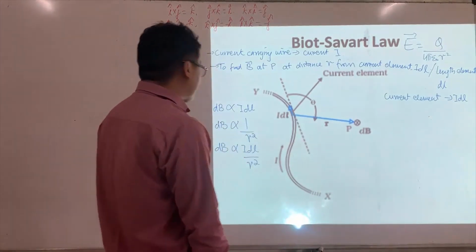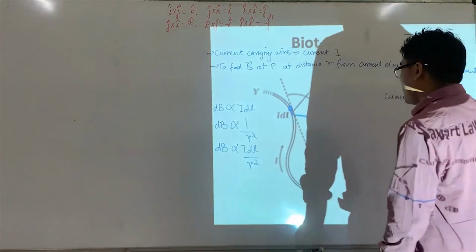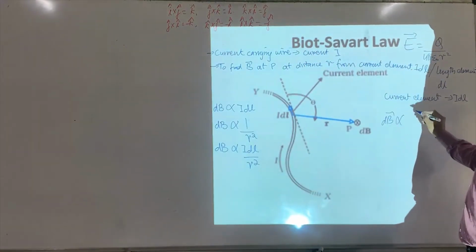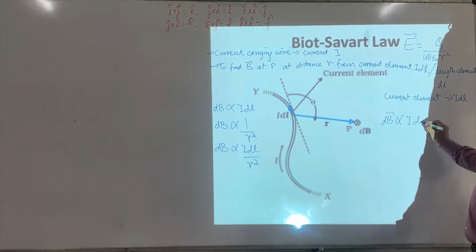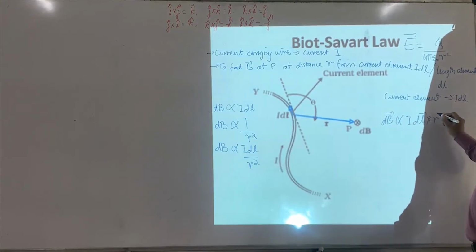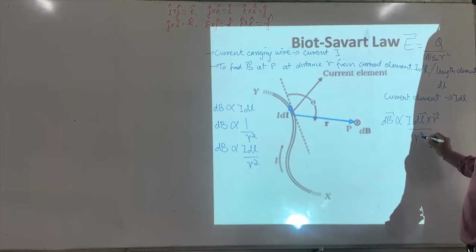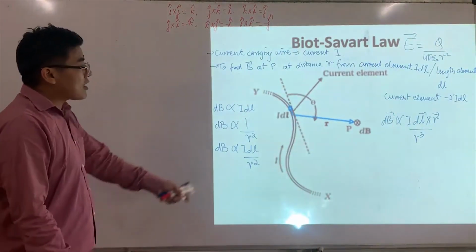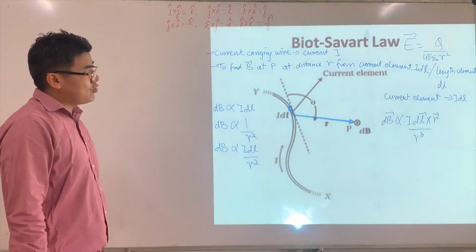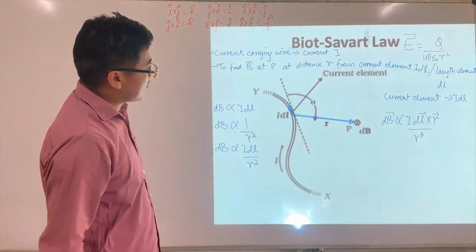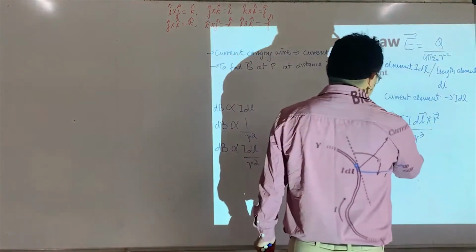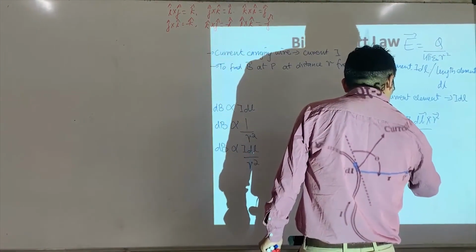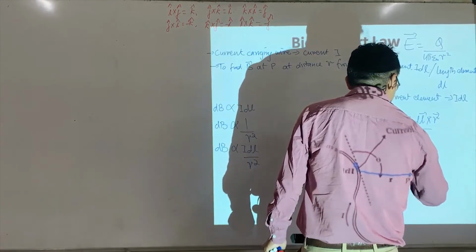Since B is a vector quantity, I rewrite this vectorially. I can write B proportional to I dl cross R over R cubed. You may wonder why R cubed: because I put the vector R in the numerator. Now I remove the proportional sign, and this is mu naught over 4 pi.